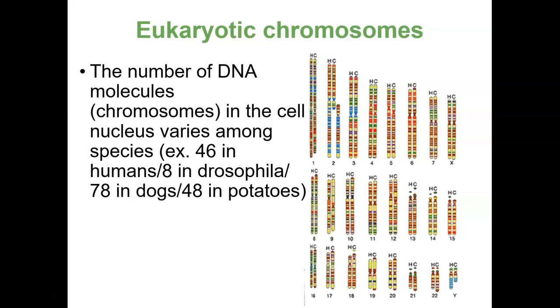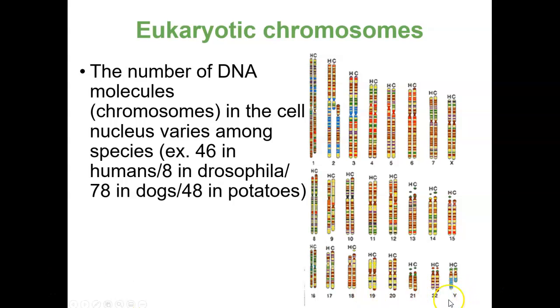So as I mentioned, when we look at eukaryotic chromosomes, they're present in the cell nucleus, they're sequestered in the nucleus, and the number varies depending on the species. Humans have, for example, 46 total chromosomes, 23 pairs of them.